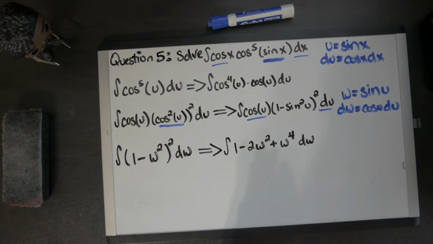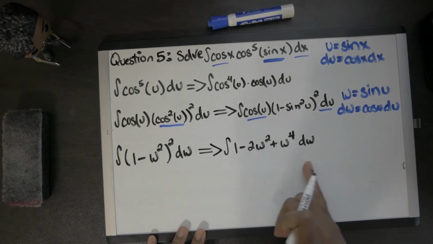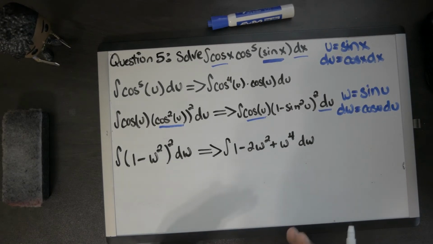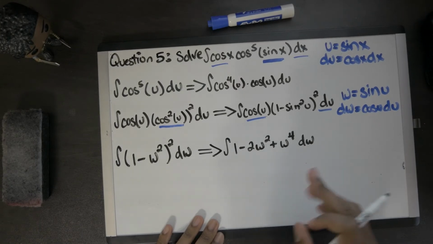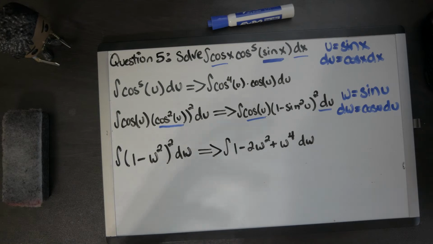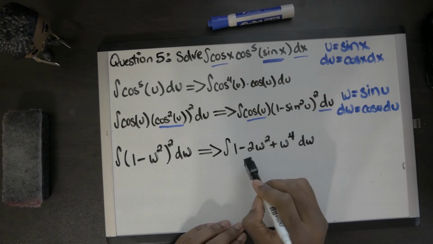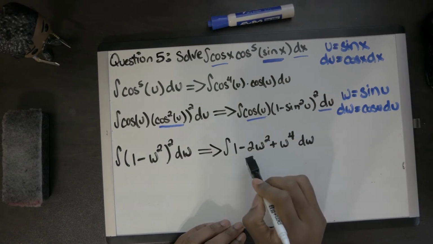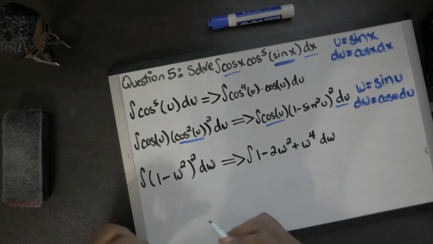So that's what you're going to have after you square everything. So at that point, what would you want to do now to get this figured out? Well, we're going to integrate this, and this is a lot easier to integrate because with 1, we're going to consider that a constant, and then the 2w, we're already familiar how we're going to do so, because all we're going to do is add 1 to the exponent and then put it over the exponent plus the 1. What does that mean? How does that look? Let's break that down a little bit further.